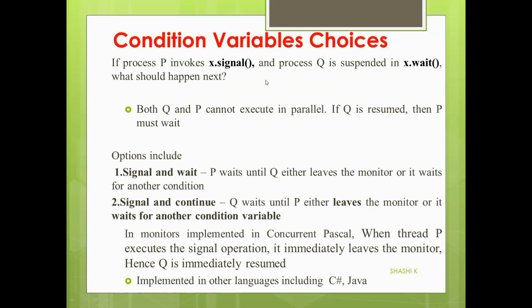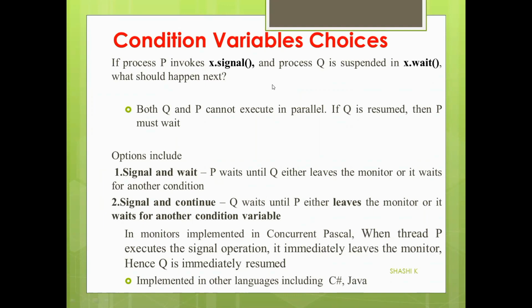Now P and Q are two different processes and they both cannot be inside the monitor at the same time, right? Even though P finished its execution with X, P is not going to use the condition variable X, and Q is only going to use the condition variable X after coming inside the monitor. So conceptually, P and Q can continue their execution at the same time. But according to the concept of a monitor, P and Q cannot be inside the monitor at the same time.